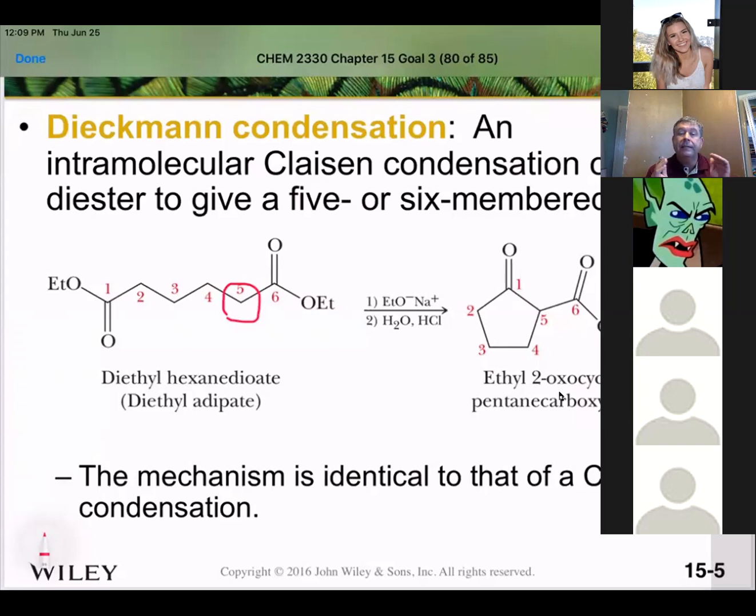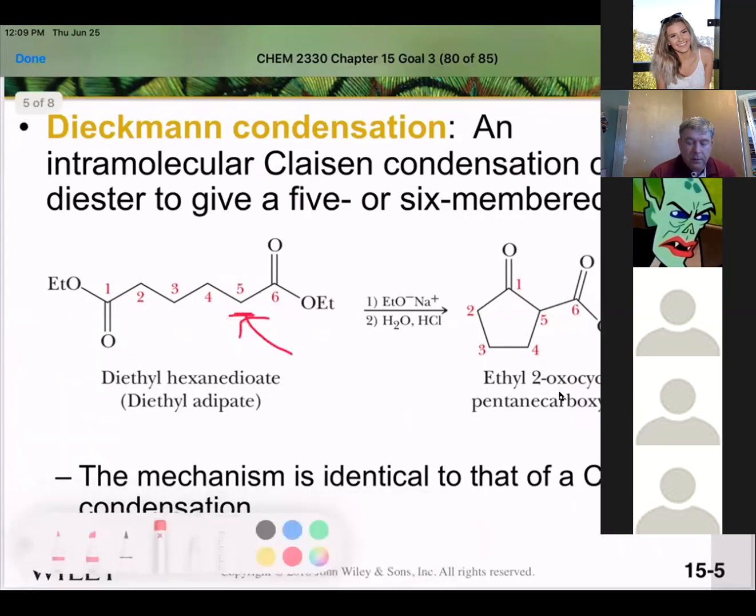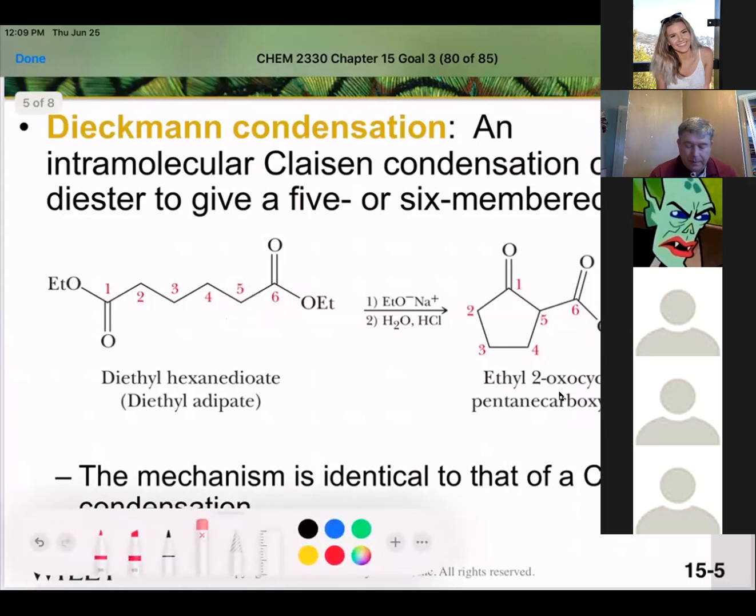And so we know exactly which one it's going to remove, okay? The base is going to remove only this hydrogen here, giving us our anion only in this position. So let's go ahead and put our anion in that position here.